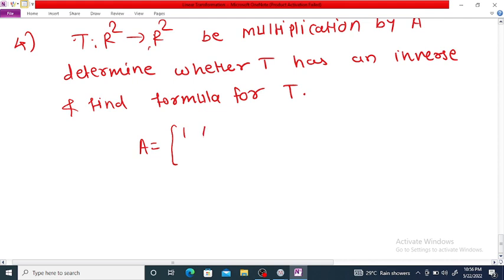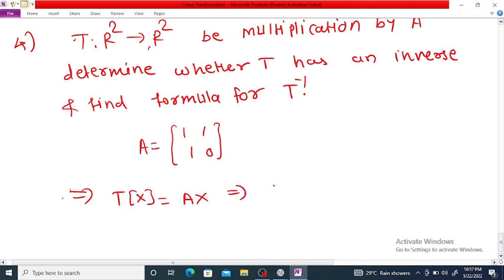And we want to determine T inverse of x1 x2. So the given T is a mapping from R square to R square, a multiplication by matrix A. That is, T of x is equal to AX.